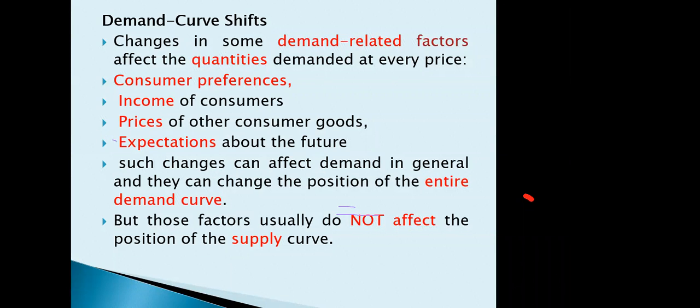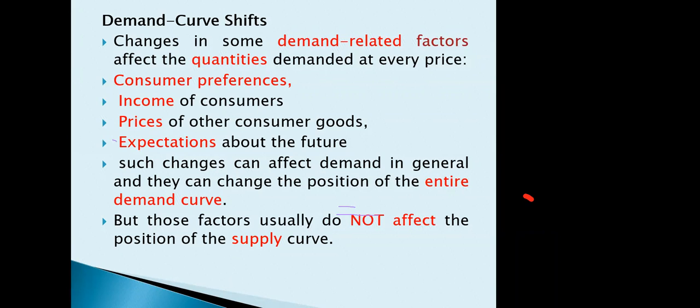So such changes can affect demand in general and they can change the position of entire demand curve. तो ये expectations, ये demand curve factors change होने से मेरा demand, मेरे product का demand ऊपर नीचे जाने वाला है. As a manufacturer, I should know this.